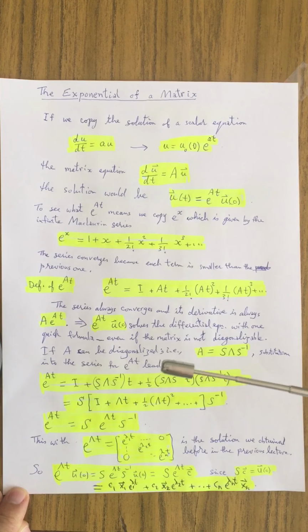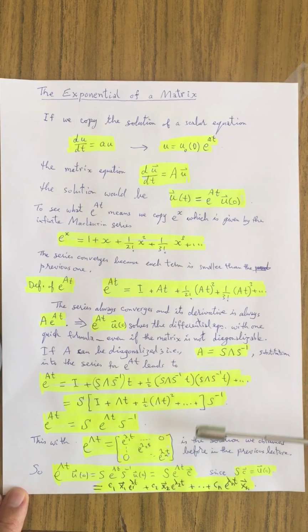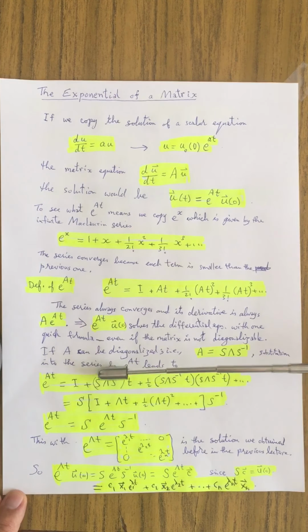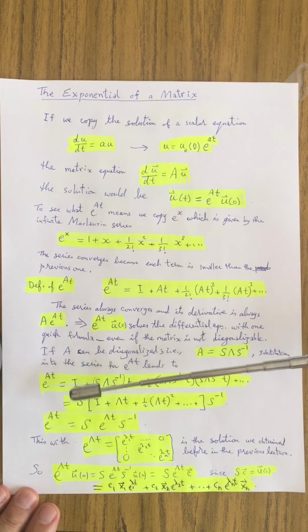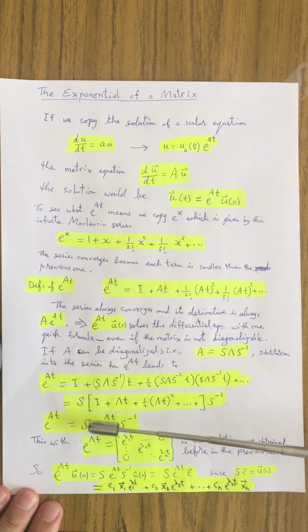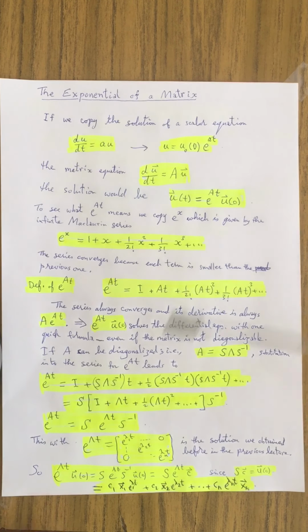And you see here that S lambda S inverse t times S lambda S inverse t simplifies to S lambda squared t squared S inverse. So we can factor S and S inverse out of all terms in the series, and noting that I is S S inverse, this would be S times (I plus lambda t plus 1/2 lambda t squared plus ...) times S inverse.